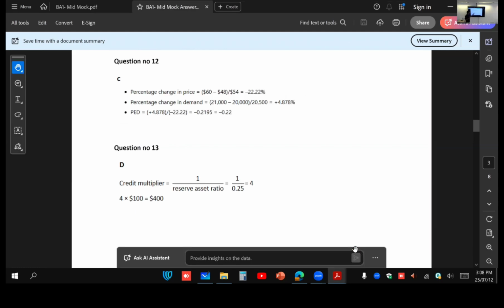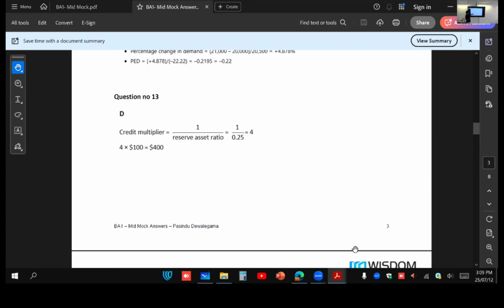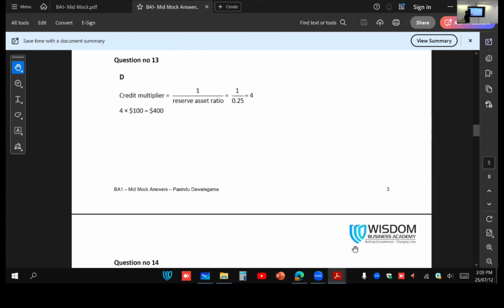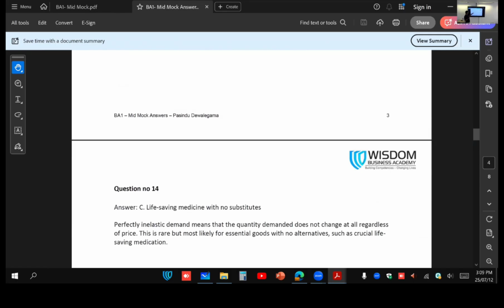Credit multiplier is equal to 1 divided by reserve asset ratio. So 1 divided by 0.25 is equal to 4. How many times does it get multiplied? 4 times. So if you deposit $100, that will go up to 400.